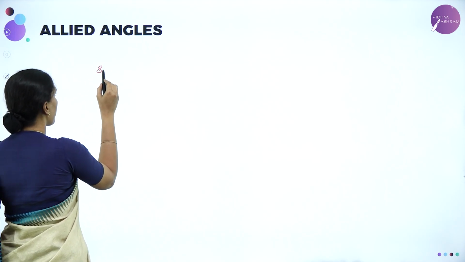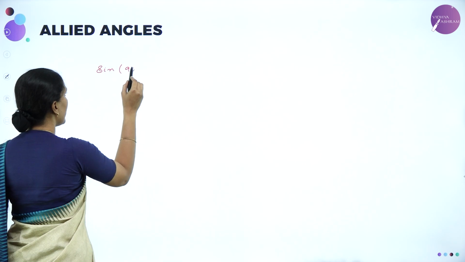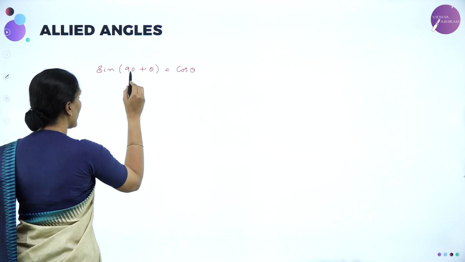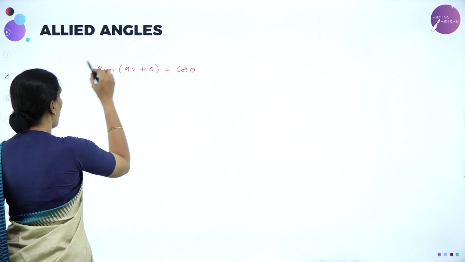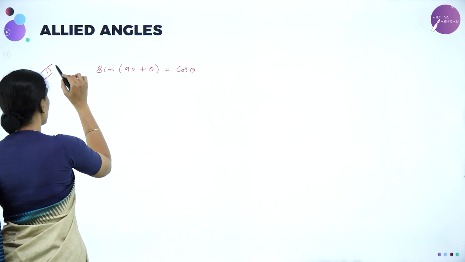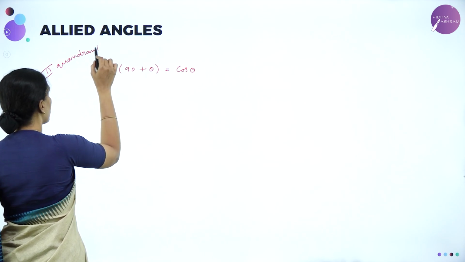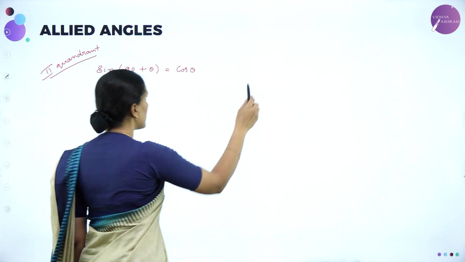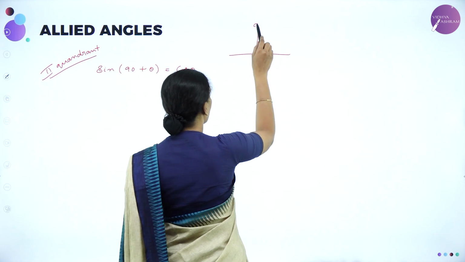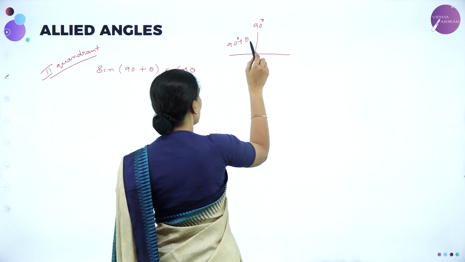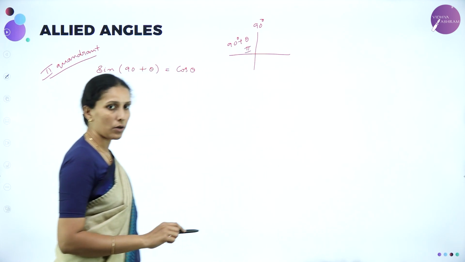So sine 90 plus theta is nothing but cos theta. When I say 90 plus theta, it comes in the second quadrant. Because this is your 90 and the plus theta means this can be written as 90 plus theta, which comes in the second quadrant.